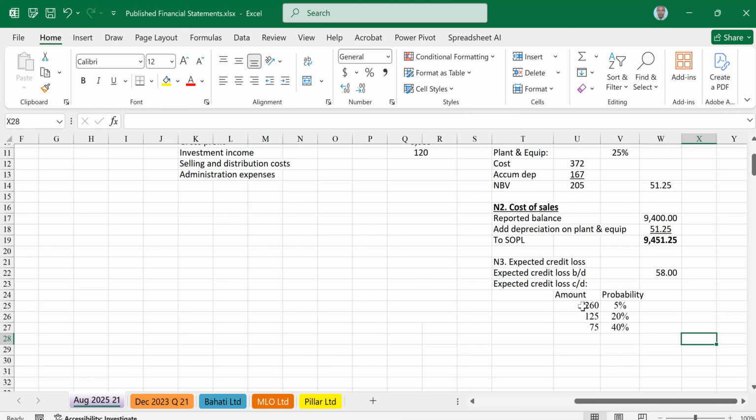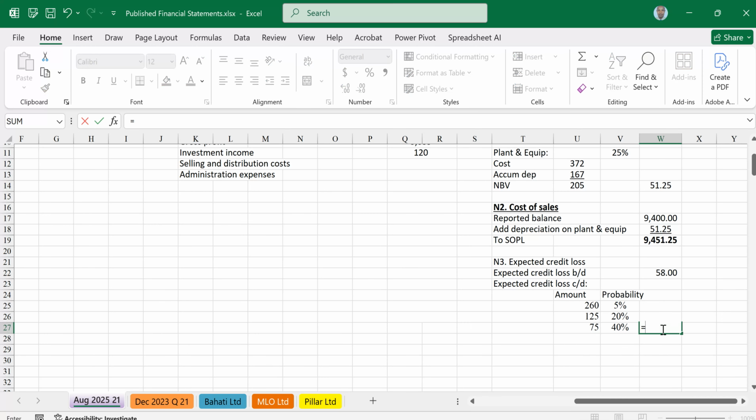So based on this amount and probability, we calculate something, equal sign, bracket, this amount times probability, close bracket, plus, open bracket, this amount times probability, close bracket, plus, open bracket, this amount times its probability. So we are getting the weighted average. Then enter.